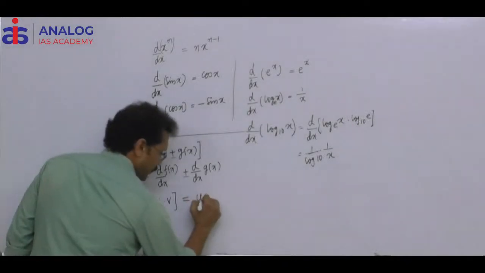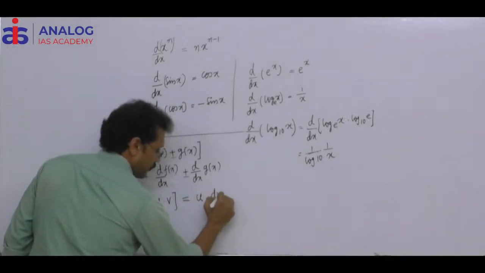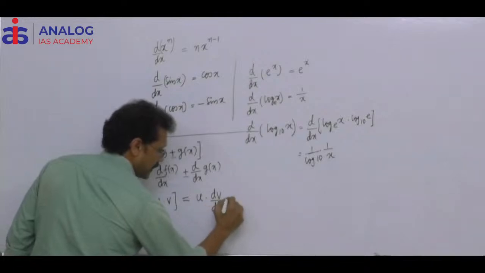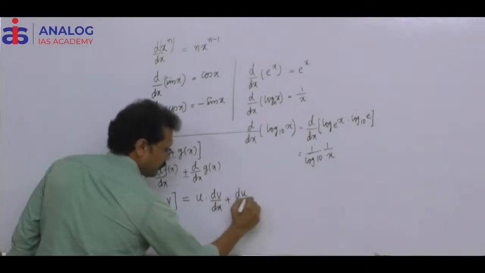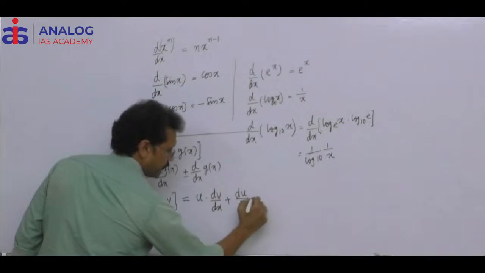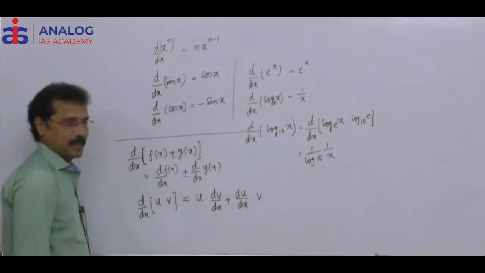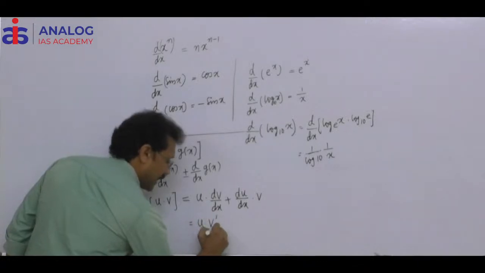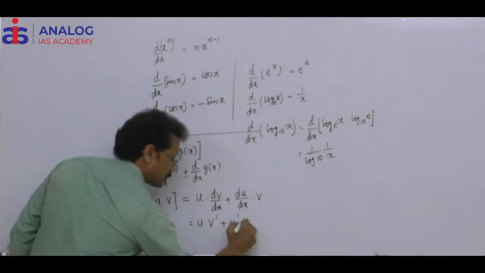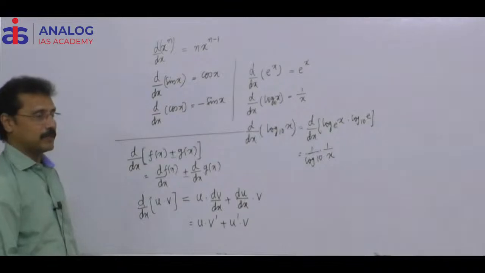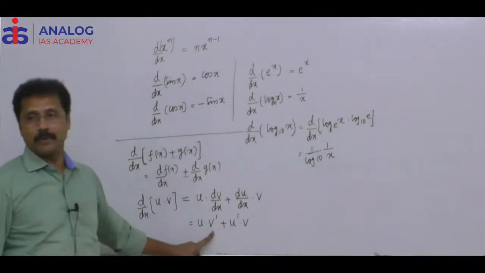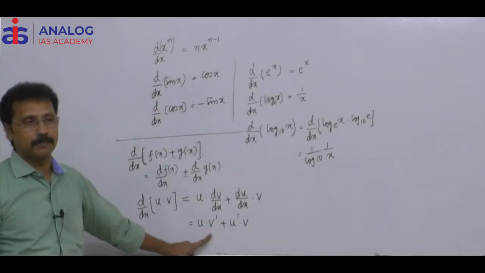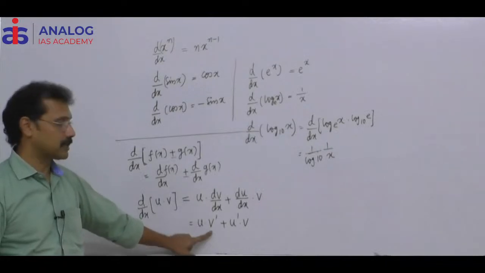U into differentiation of v plus differentiation of u into v, the uv formula. Sometimes we also write it as u into v dash plus u dash into v. So the dash is a shortcut form, a symbolic representation of differentiation with respect to x.